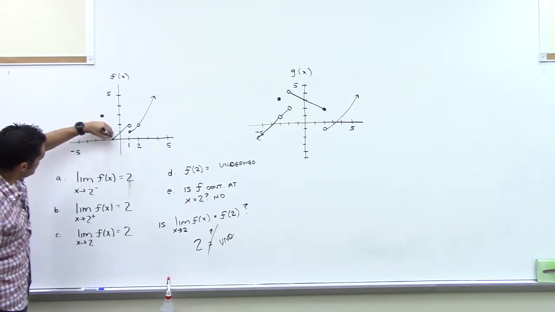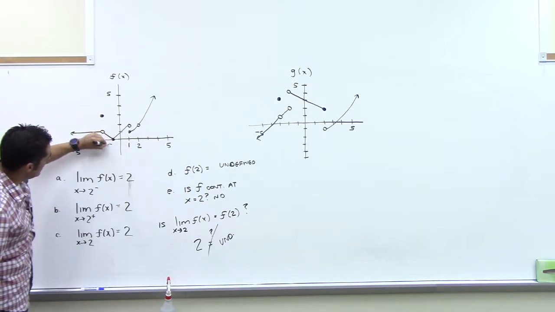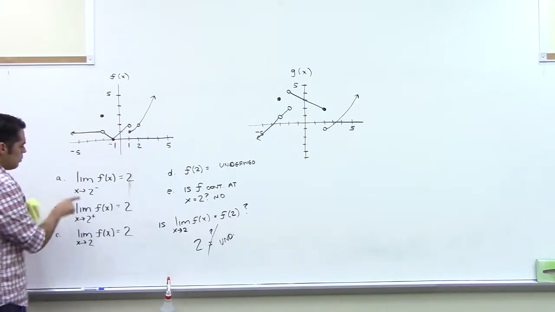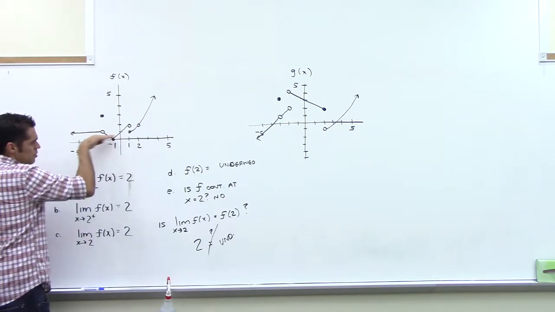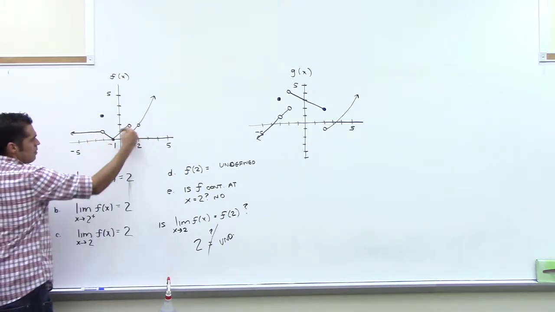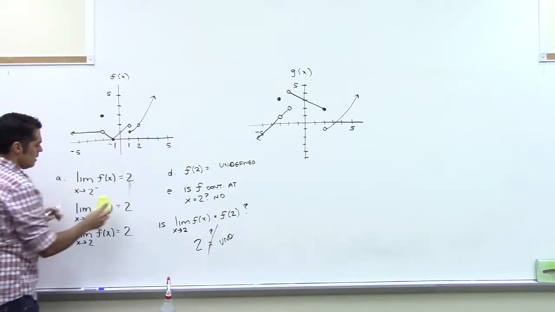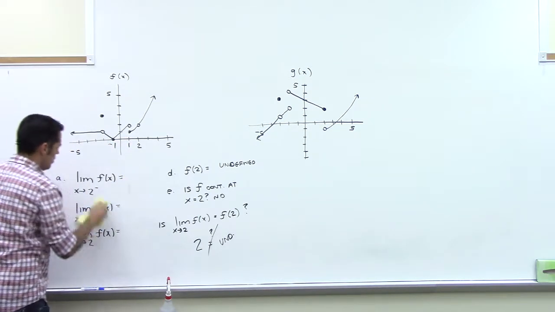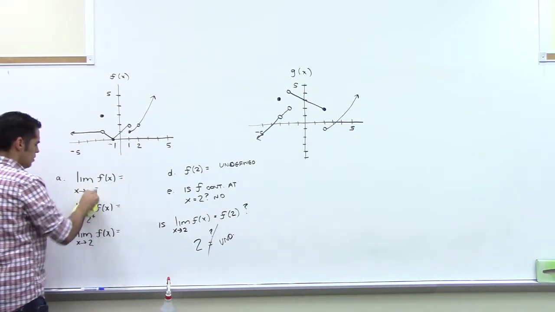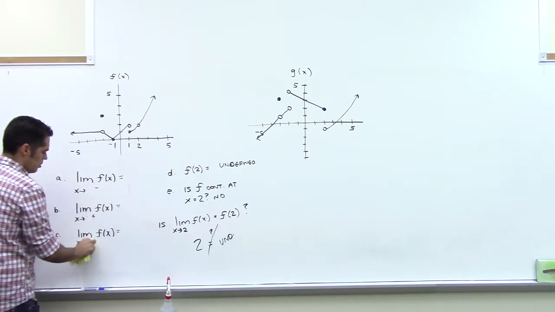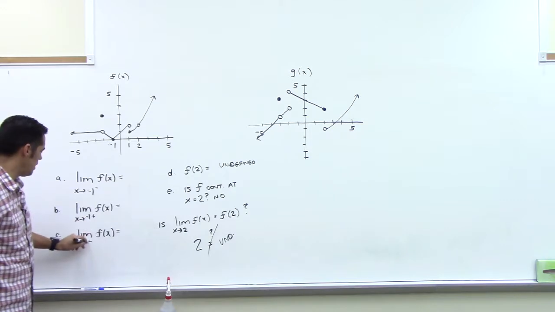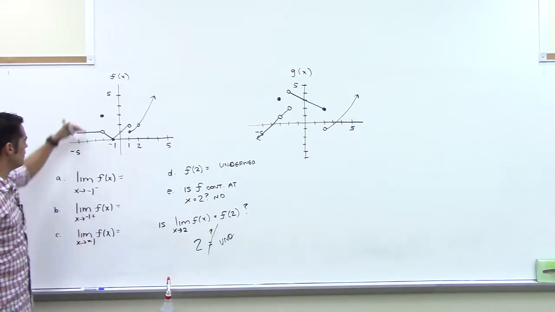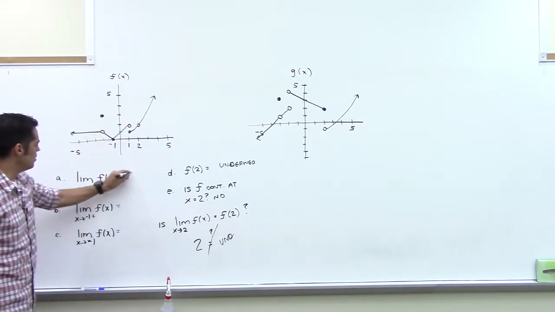So for example, this point right here at -1. If I were to approach -1 from the left and from the right, if I come in from the left, it's approaching a y value of 0. From the right, it's approaching 0. This is not one of the problems, but I'm just showing you. If we approach -1 from the left, from the right, it's 0, 0.